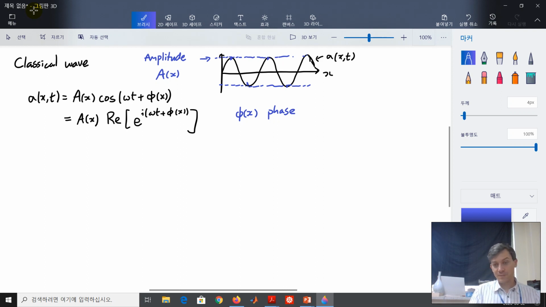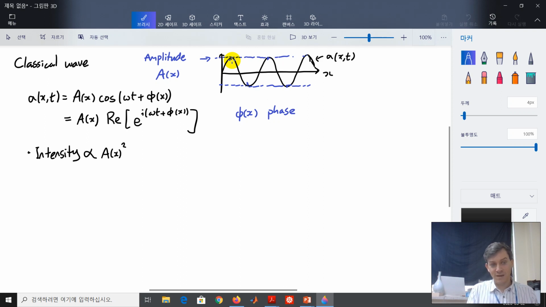Right, so for a classical wave, when we measure the intensity, that's the energy contained in the wave, the intensity is proportional to the amplitude squared. For example, the energy contained in a light wave is proportional to the amplitude of the electric field squared at that particular point.